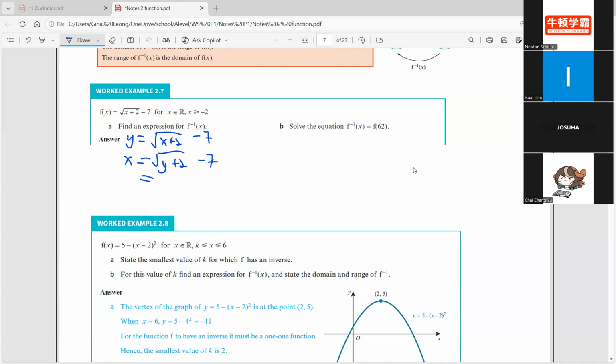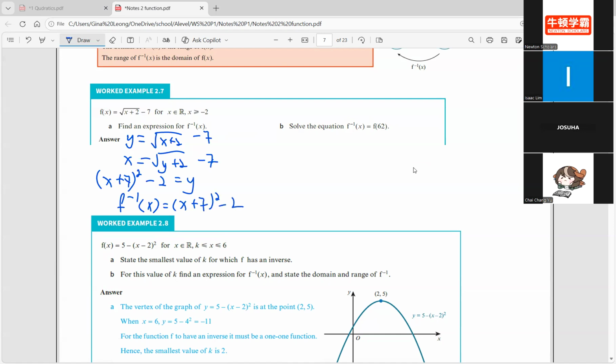So you move the -7 to the other side, and then you square it. After that you move the 2 minus. So this is my answer for my inverse: x plus 7 square minus 2.